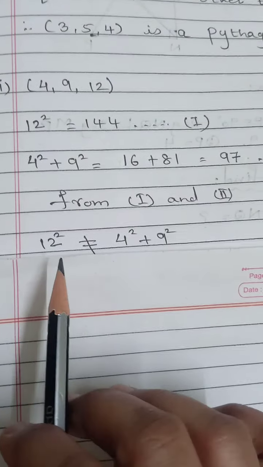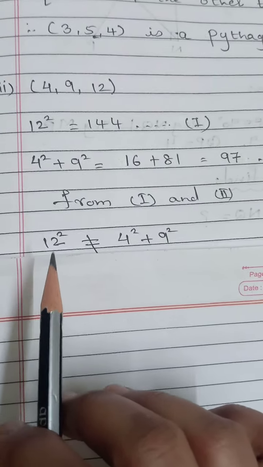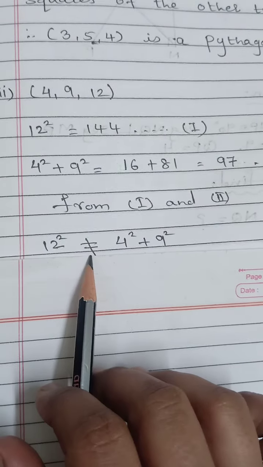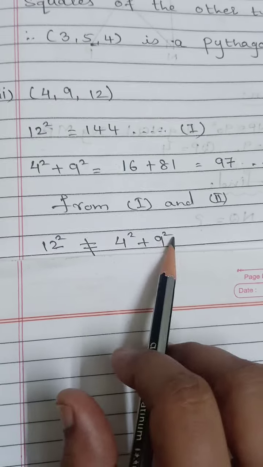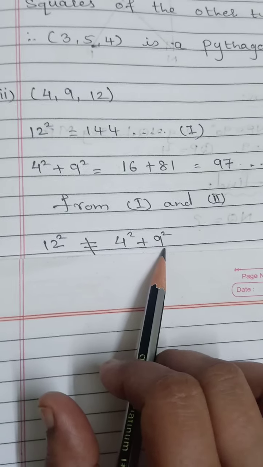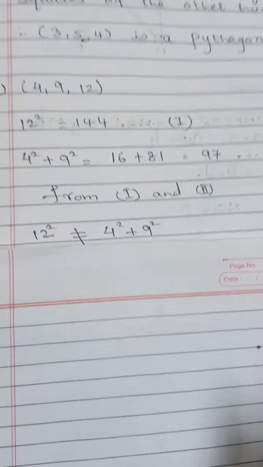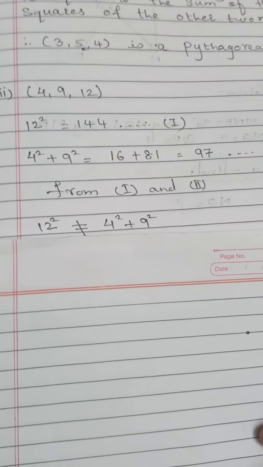Now how to write the statement for this? That is, square of the largest number is not equal to sum of squares of remaining two numbers. Therefore, these three numbers is not a Pythagorean triplet. So see the statement.